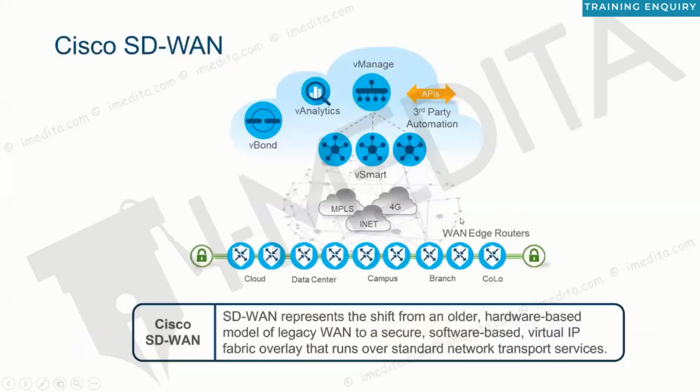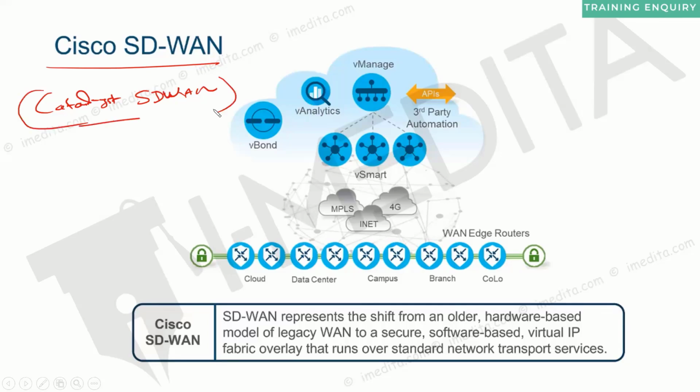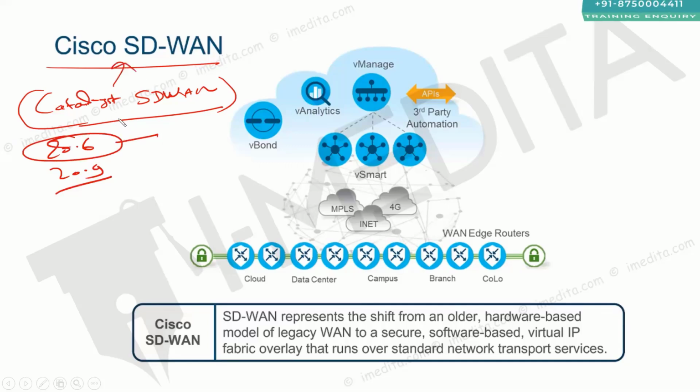So let's talk about the Cisco SD-WAN now. Remember that Cisco SD-WAN has also been renamed by Cisco. Now they call it Catalyst SD-WAN. That is something you should be aware of. They have renamed it recently. As per Cisco, the gold star images are still the older ones, 20.6 and 20.9. We are using 20.6 in our lab, so we are still going to call it Cisco SD-WAN. We will not call it Catalyst SD-WAN.